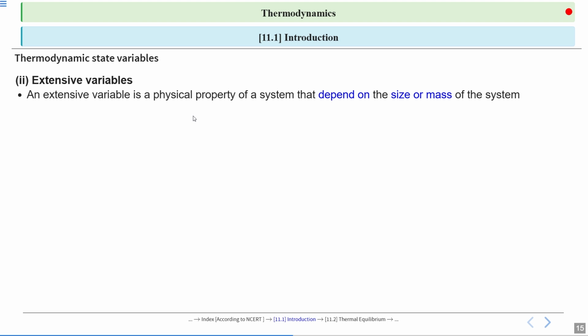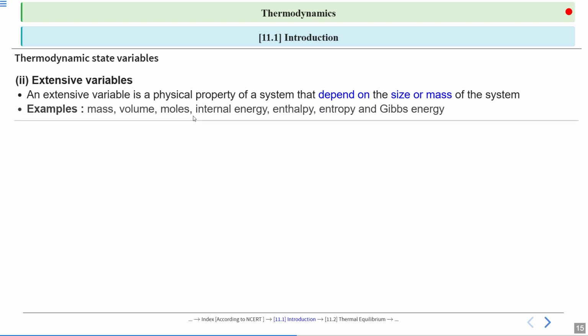If the size and mass of the system change, the physical property will also change. Examples of extensive variables: mass, volume, moles, internal energy, enthalpy, entropy, and Gibbs energy. So these are the examples. All right.